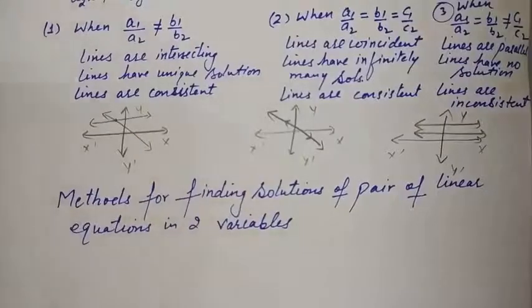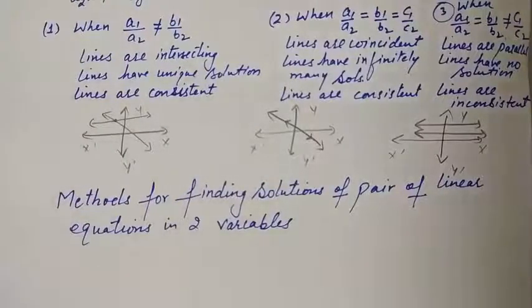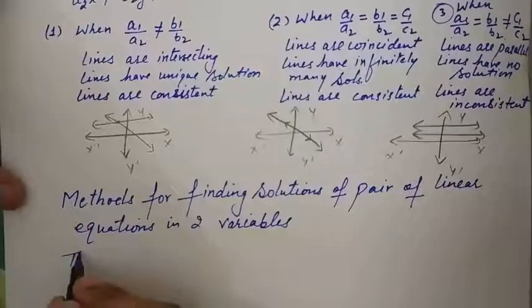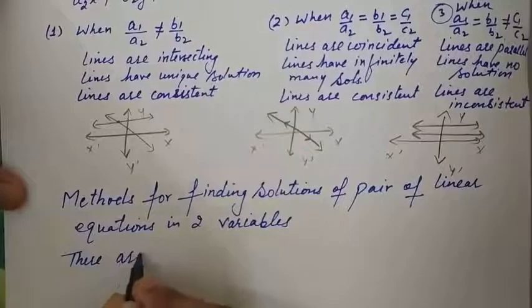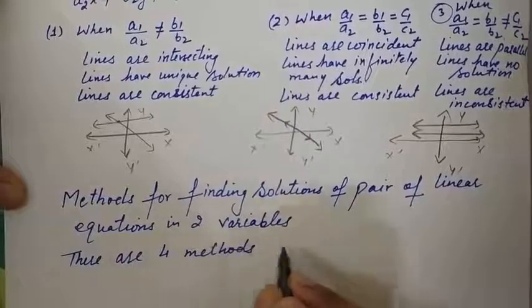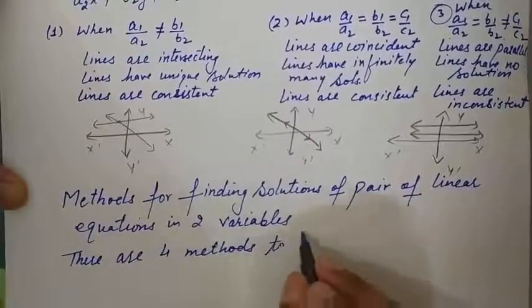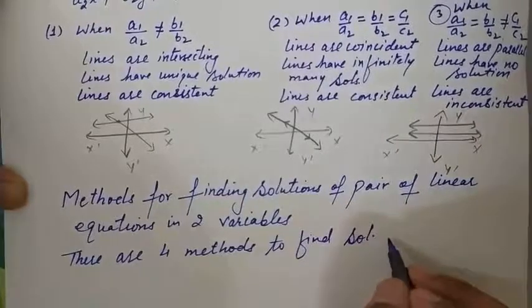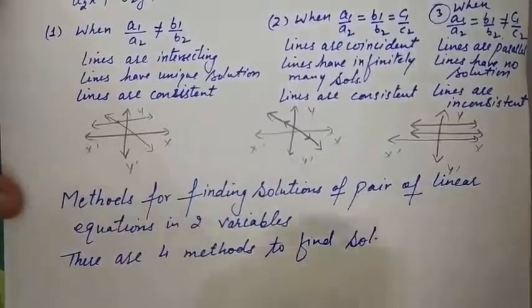Now next is methods for finding solutions of pair of linear equations in two variables. So we have four methods. One is the graphical method and the other three are algebraic methods. So we'll write there are four methods to find the solution of a pair of linear equations in two variables.